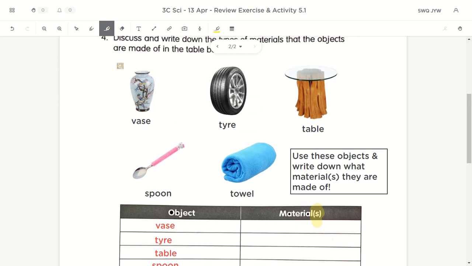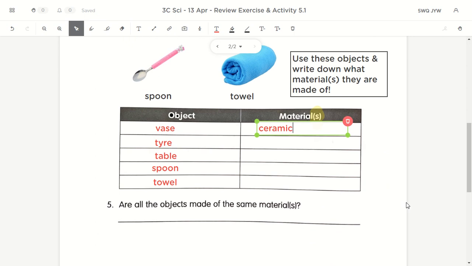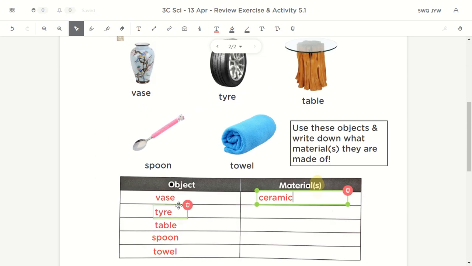If you look at the vase, it is made of the material called ceramic. It doesn't matter whether the vase is the first item or the last item, as long as the material is correct. For the vase, it's only made out of ceramic, there are no other materials.